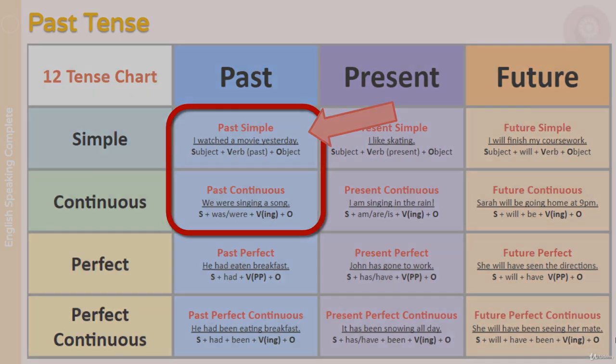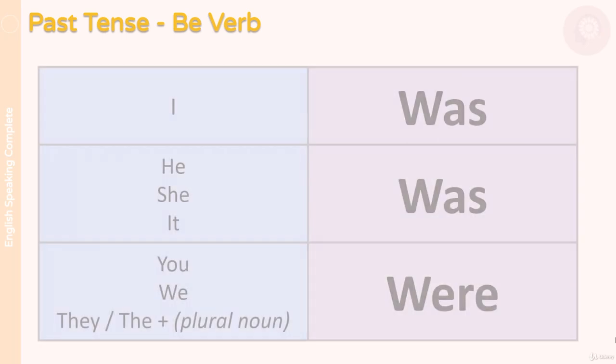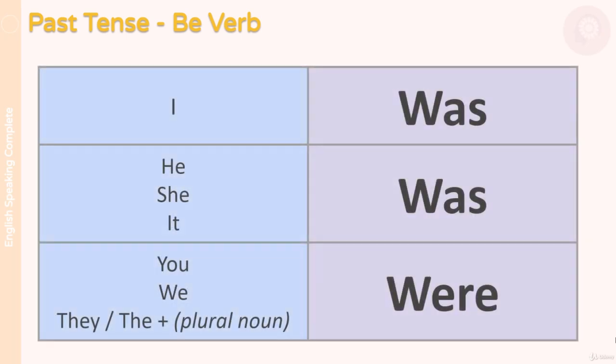But before that, I would like to look at past tense with the verb to be, the be verb. So here we have our subject pronouns on the left, beginning with I. So if we are to use the verb to be, we change this into the past tense with I was.